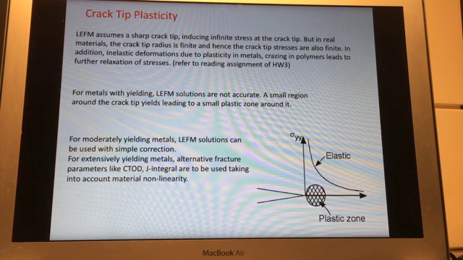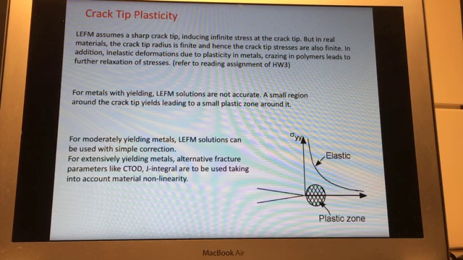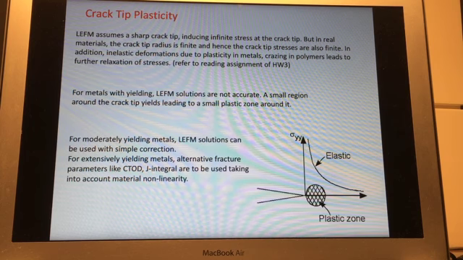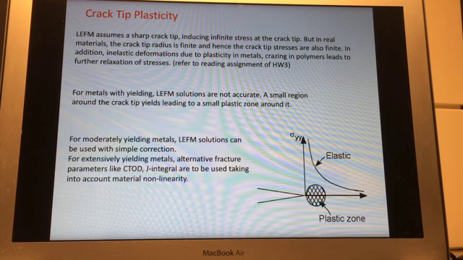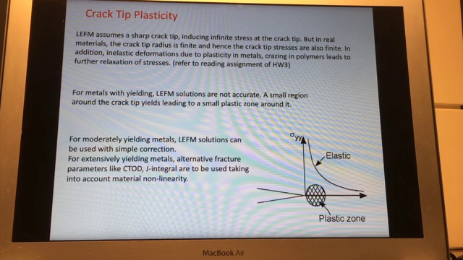Unlike a brittle material like glass, there's pretty much no yielding. It just breaks at some point. So metals, by definition, have some ductility, which means there's always yielding and plastic deformation happening when the metal is loaded. So a small region at a crack tip yields, leading to a small plastic zone around it.